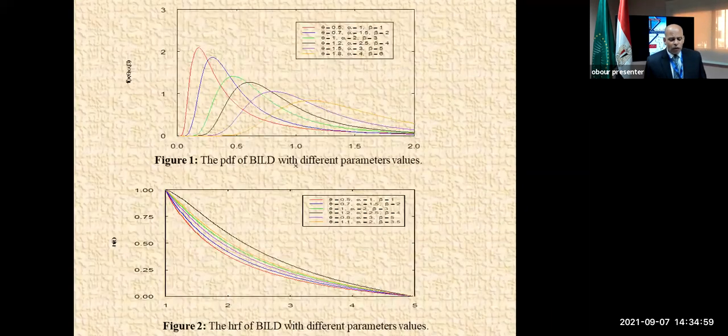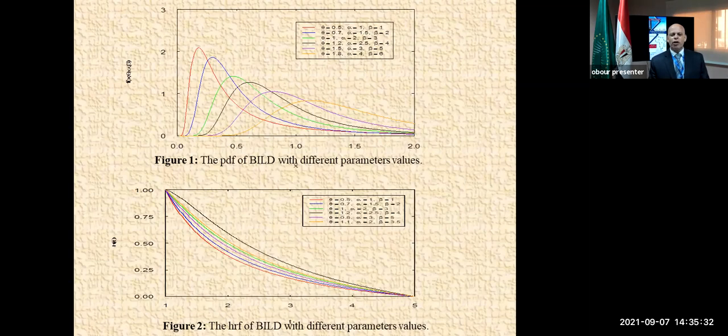The graph of the proposed distribution, figure number 1, is the probability density function, PDF, for some selected parameters alpha, beta, xi, theta. We have a new probability distribution with 4 parameters. Before, we had two probability distributions, the first with 1 parameter, the inverse Lindley, and the second with 2 parameters.